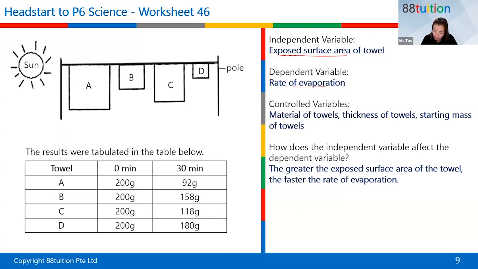Then control variables: material of towel must be the same, thickness of the towel must be the same, starting mass must be the same, and maybe even the size of the towels must be the same, because the original size must be the same. The way it's folded will be different. So the greater the exposed surface area of the towel, the faster the rate of evaporation. You can see the relationship.